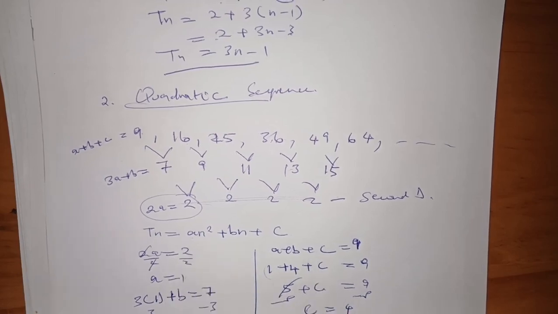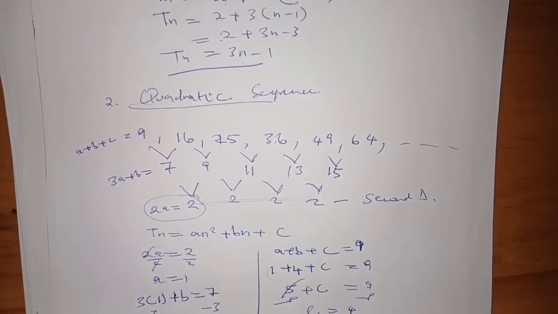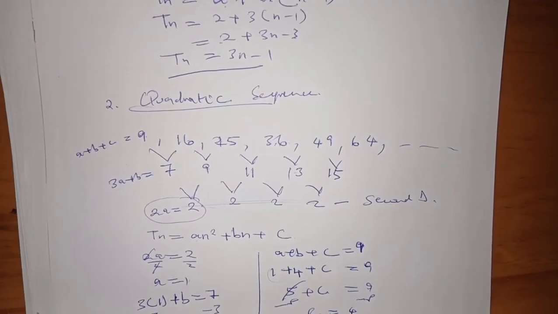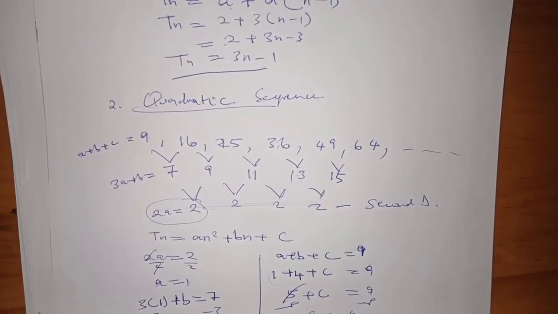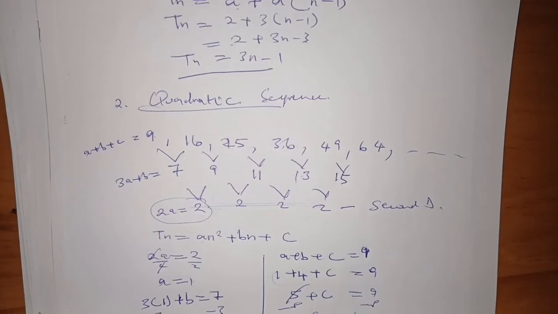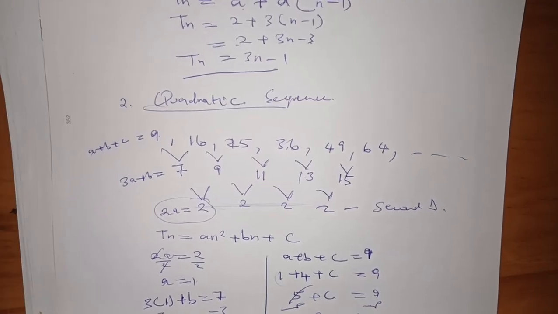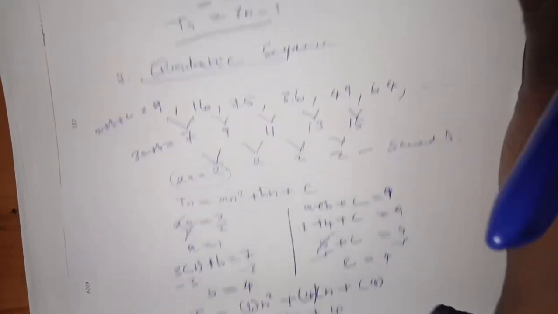Your a is 1 times n squared, plus b is 4 times n, and then plus c, which is 4. Now let's simplify this. 1 times n squared, that's n squared. 4 times n, that's 4n, then plus 4. So this is the general term there.